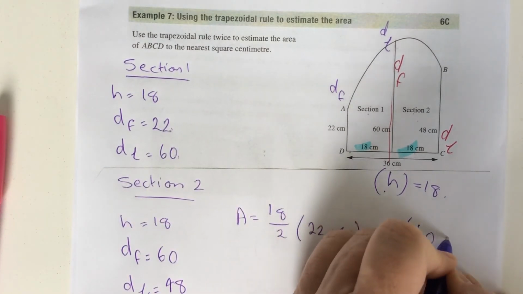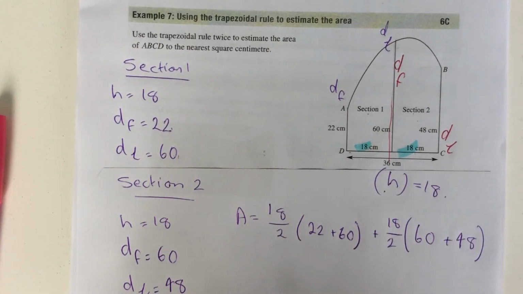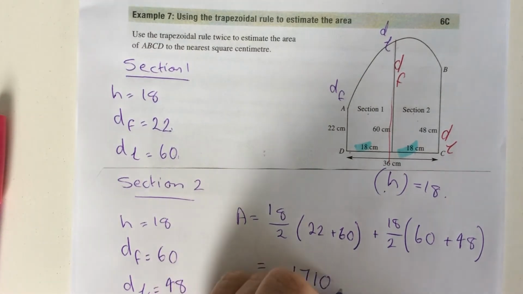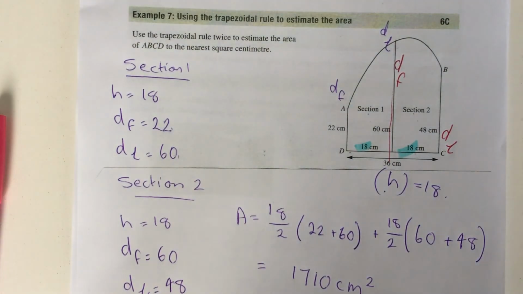We have 60 plus 48. So that will give us the whole area of the figure, which will give us 1710 centimetres squared. So that is when you do it in 2 applications.